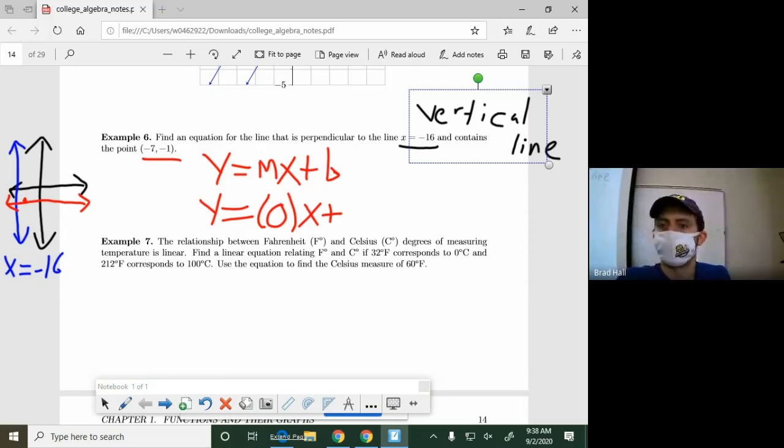And now we need the y-intercept. So the y-intercept goes through right there. And from here, we just need to figure out that y value, which it just so happens we were given already. It's -1.